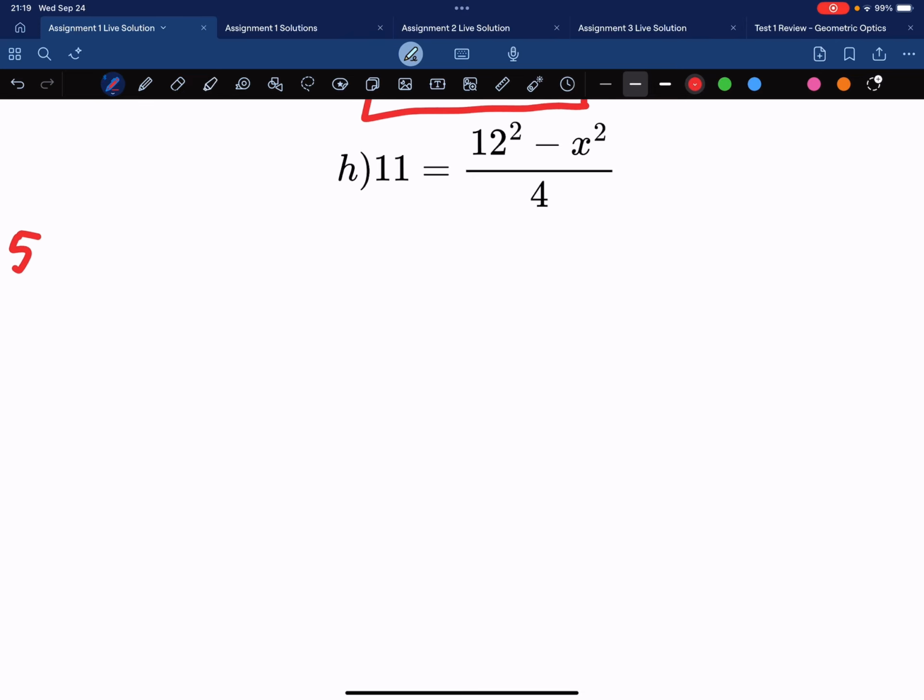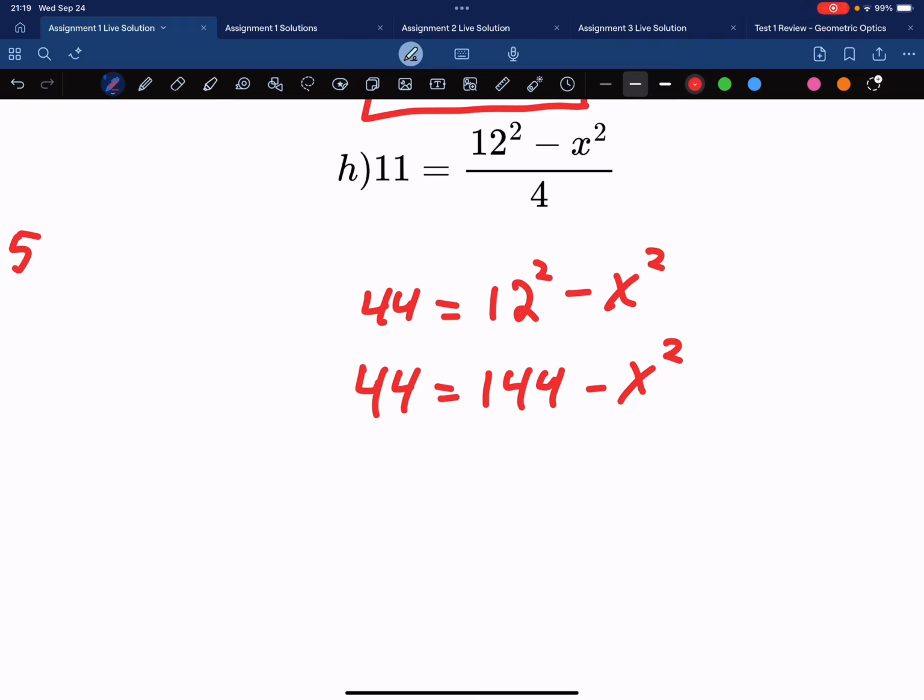In this one, now x is in the numerator, so I'm going to leave x where it is for now. And because of that, I'm going to start by multiplying everything by 4. So I'm going to get 44 equals 12 squared minus x squared. 12 squared is 144.